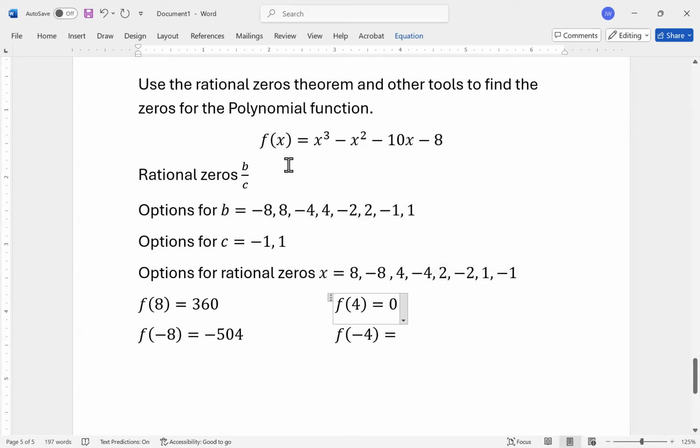If you wanted to, we could do the things we did earlier right now. Once I have that x equals 4 is a 0, I could state that one factor is going to be x minus 4, and so I divide and break it down like we've done previously.